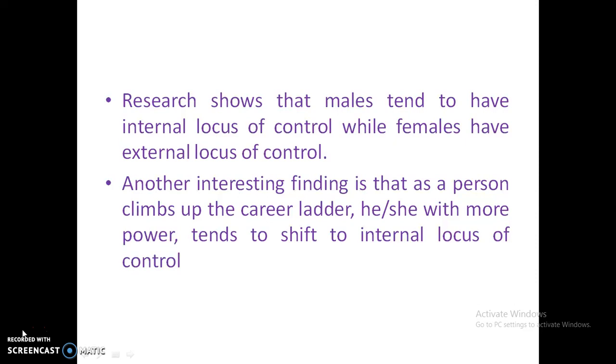Another interesting piece of research related to the workplace is that whenever a person gets promoted and climbs up the career ladder, obviously he or she becomes more powerful. And with more power, the person feels that he or she is in charge of his or her life. He can control the events that are happening in his life. So obviously, they tend to shift the locus of control to internal.